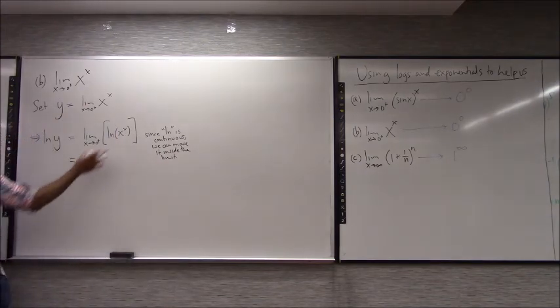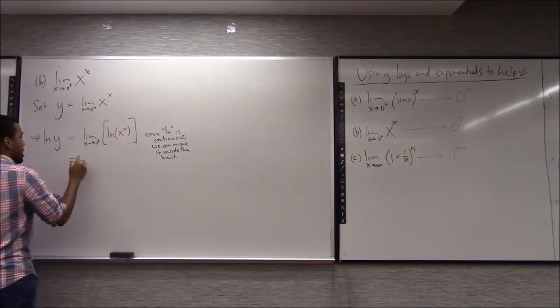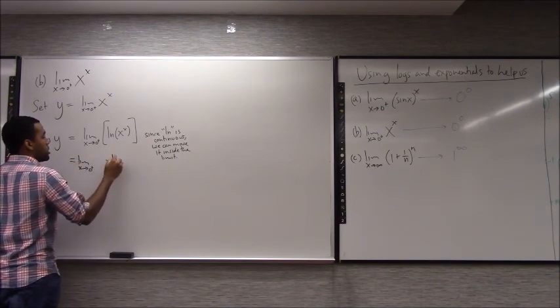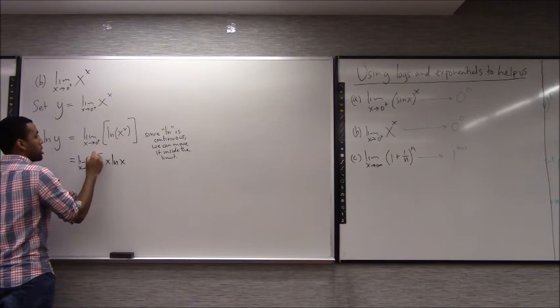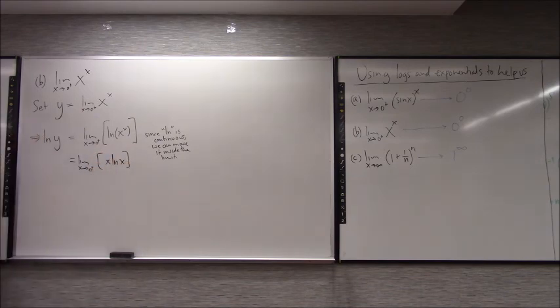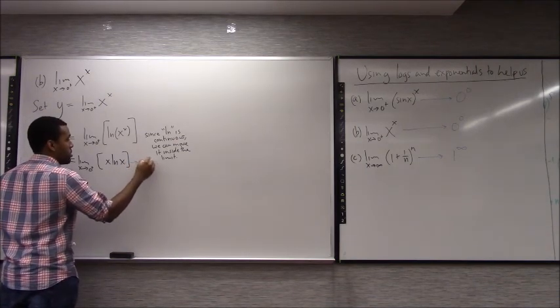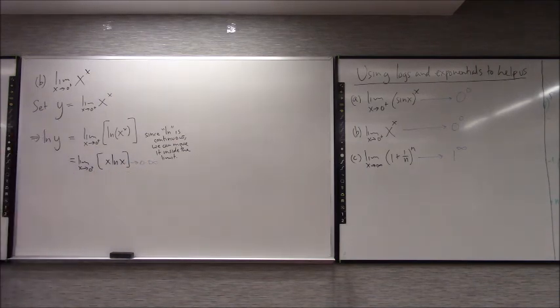And so now I can use my log rules to simplify that guy a little bit. So that becomes x log x. Now this guy, you'll notice, approaches 0 times infinity. That's actually one of the first examples we did.